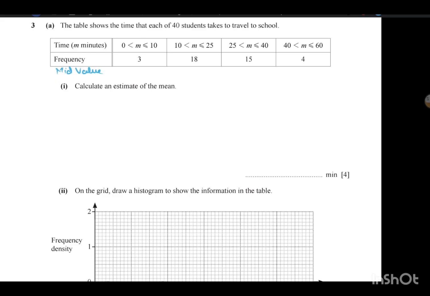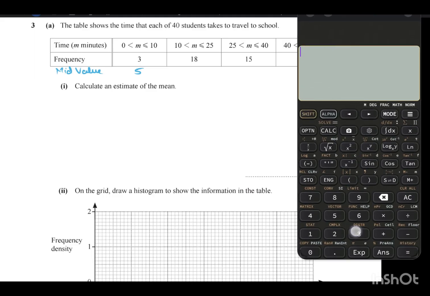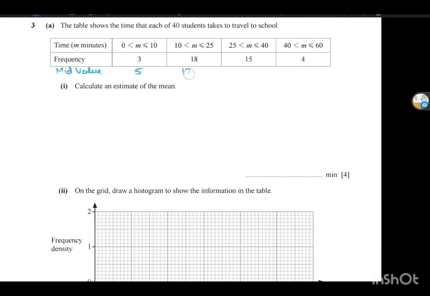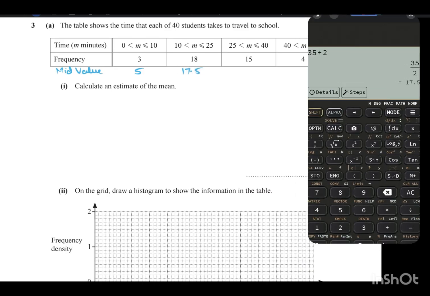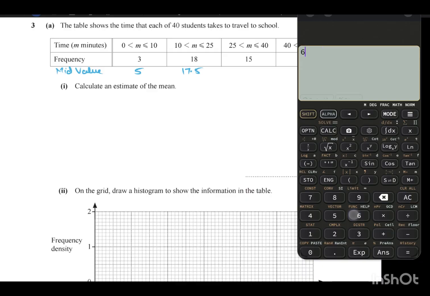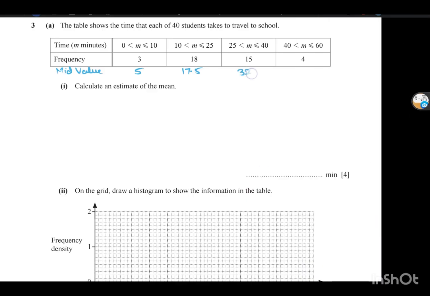So the mid value for 0 to 10 is 0 plus 10 by 2, that is 5. Then 10 plus 25, that is 35 by 2, which is 17.5. Then 25 plus 40 is 65 by 2, 32.5. And 40 plus 60, 100 by 2 is 50.